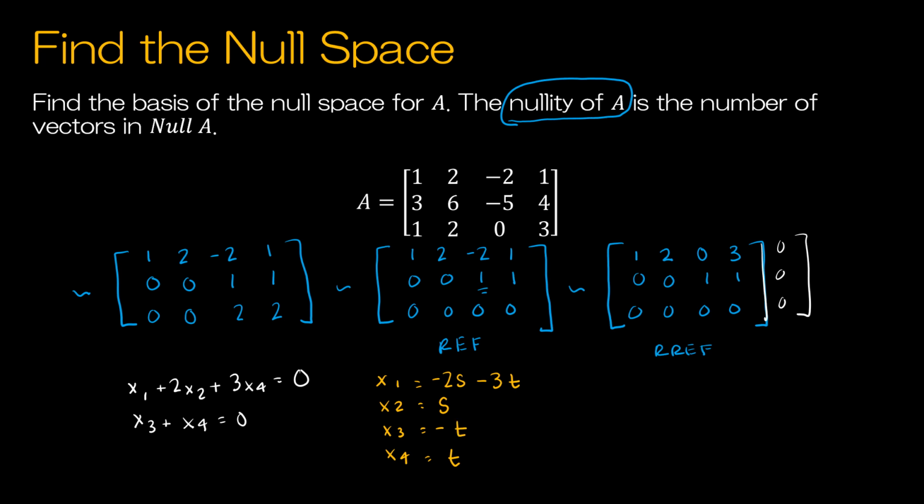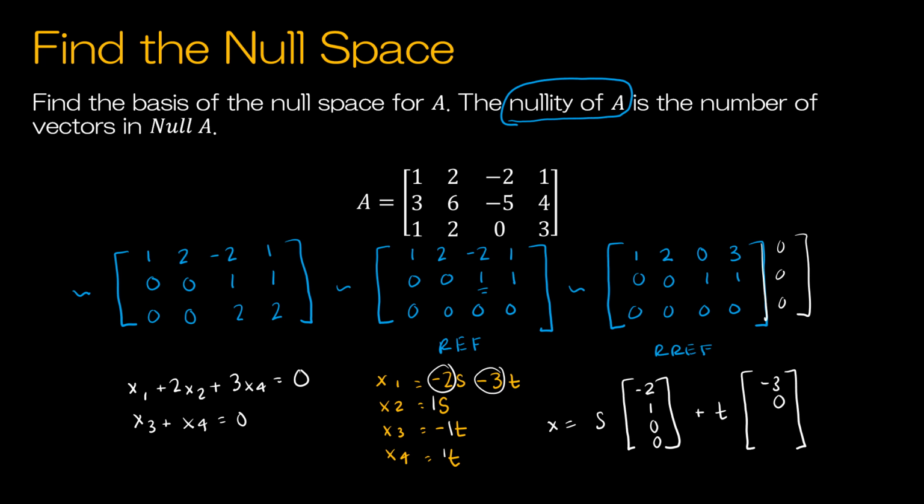So my solution would be s times some vector plus t times some vector, and those two vectors are going to be the basis for the null space of A. So for s, I've got -2, +1, 0, 0, and for t, I have -3, 0, -1, 1.